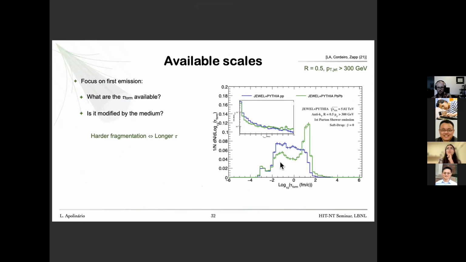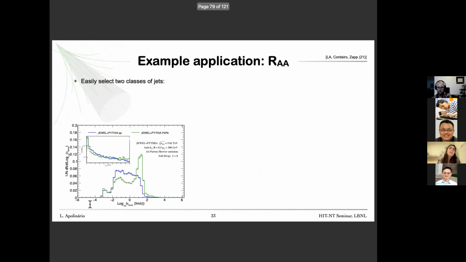Of course, here we see again some sort of selection bias in which we are selecting jets that have a harder fragmentation. If they have a harder fragmentation, they will have a longer formation time. This is the peak structure that I see here. So these jets, of course, will tend to survive more in our selection, and we end up with this distribution here.